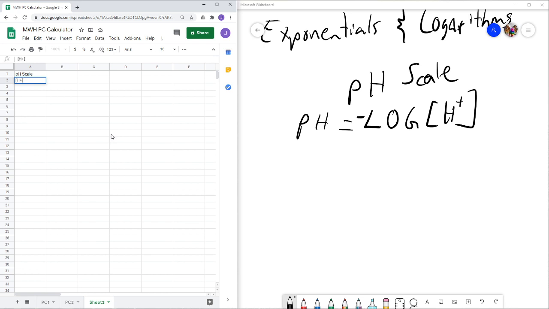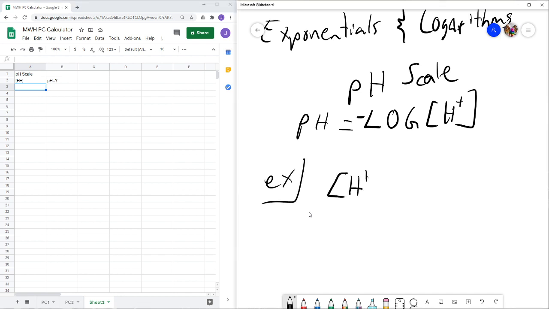There is our molarity, and we want to know what the pH equals, so I'm going to use a question mark this time. Let's see, we need an example. Suppose our molarity, or concentration of hydrogen ions, was 3.2 times 10 to the negative 8th.